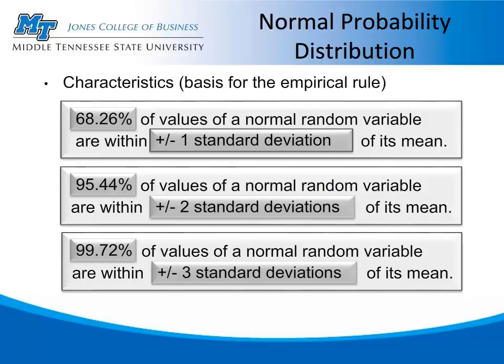If you go out 2 standard deviation units from the mean, if you look at the interval from mu minus 2 sigma to mu plus 2 sigma, you're going to have a little over 95% of the values in that normal distribution. If you go out 3 standard deviation units on each side of the mean, you're going to pick up virtually all of it, 99.72%. This is referred to as the empirical rule.